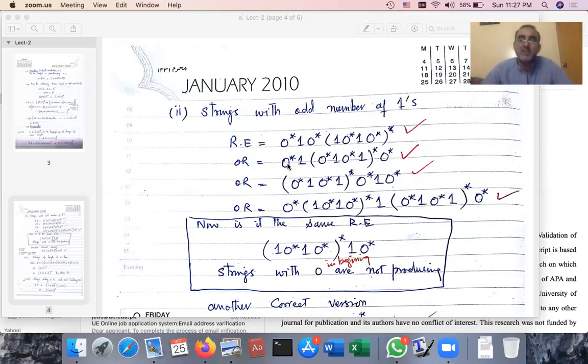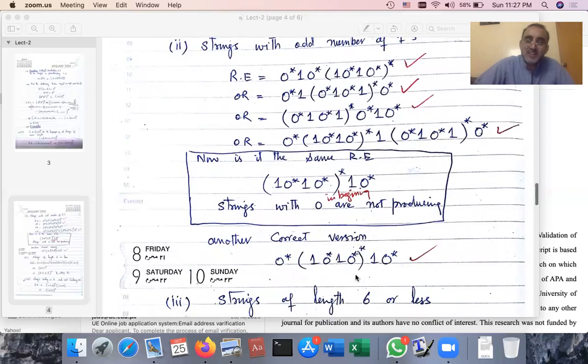So this is also the same. This is a different regular expression, but producing the same result as the first. Similarly, this one. Or I can write this regular expression in this way. I will discuss this last one, and I am leaving these things up to you so that you can practice yourself.